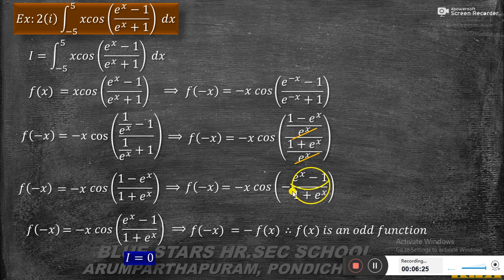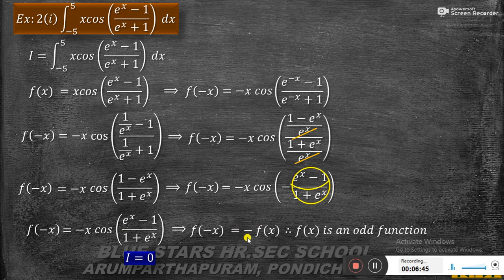Cos of minus theta is cos theta, so I write minus x into cos of e power x minus 1 by 1 plus e power x. This is the given function, so minus x cos of e power x minus 1 by 1 plus e power x is the f of x. So f of minus x equals minus f of x.